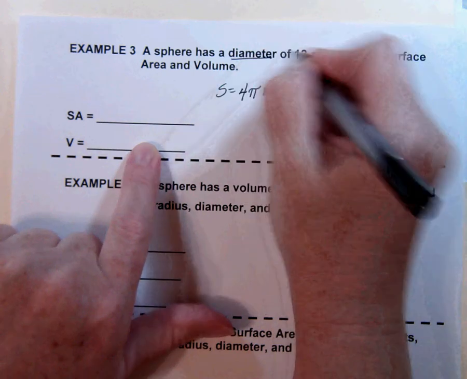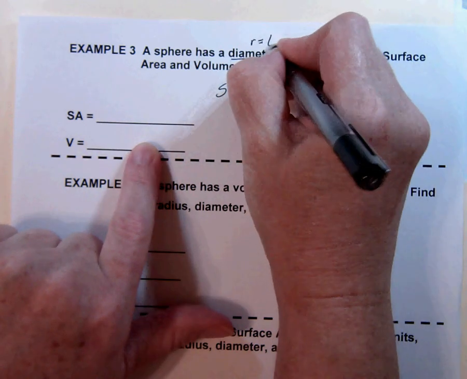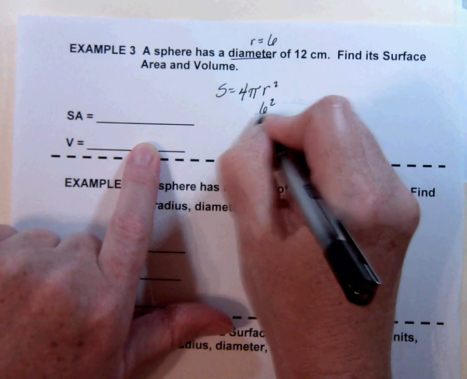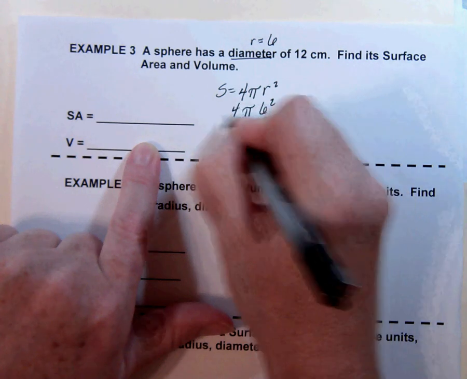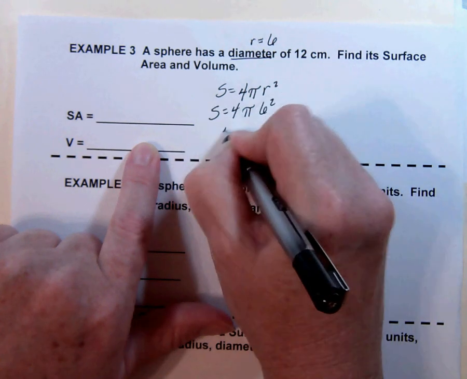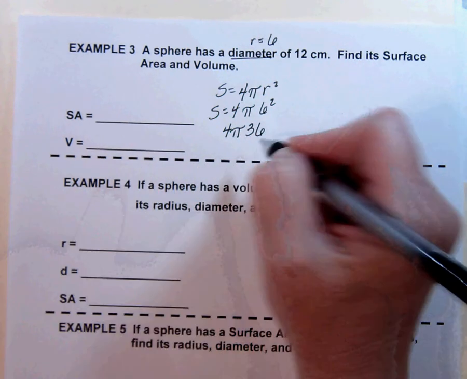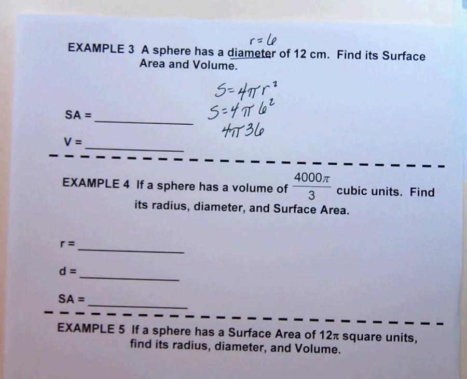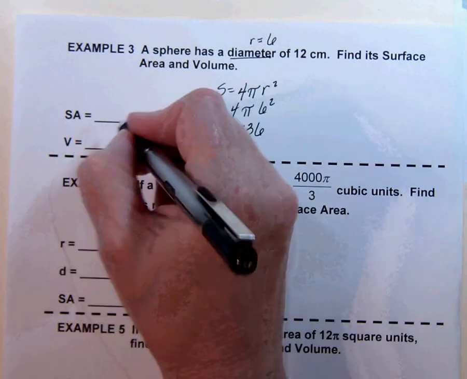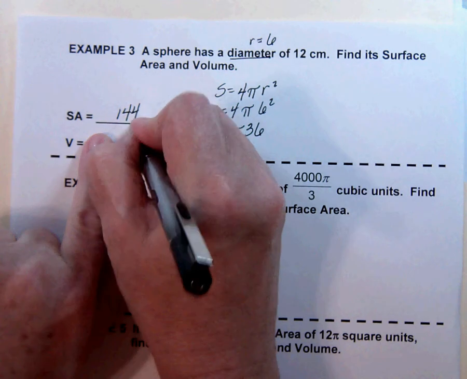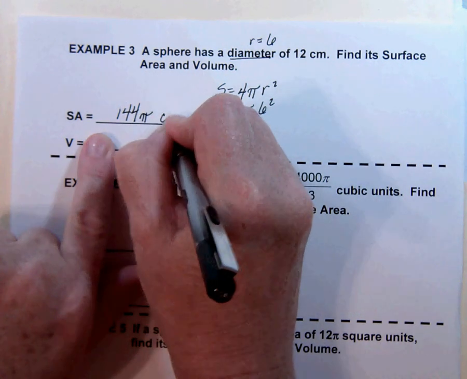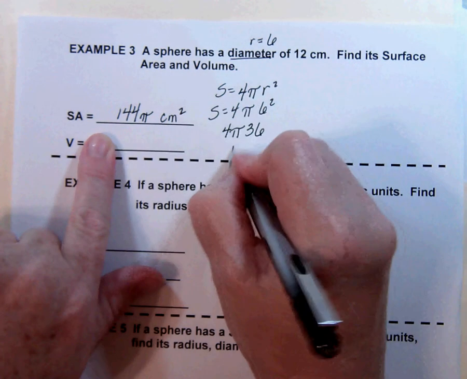If the diameter is 12, the radius is 6. So it's 4 times pi times 6 squared. So 4 times 36 is 144 pi. And it is centimeters, so it's square centimeters.